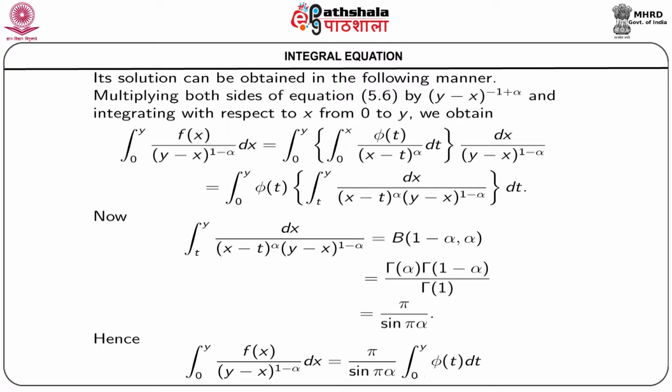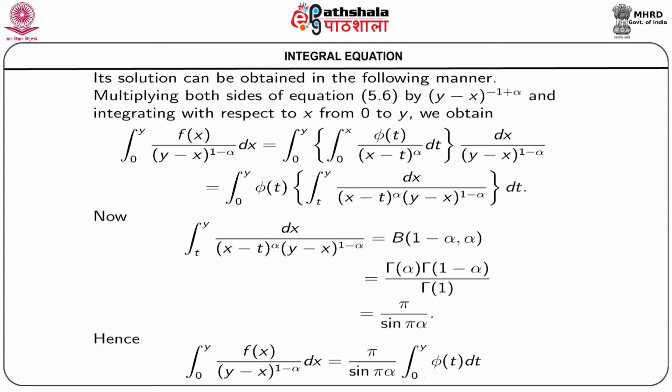If we substitute x equal to y sin square theta plus t cos square theta, then the value of this integral comes in terms of beta function, that is beta 1 minus alpha alpha.